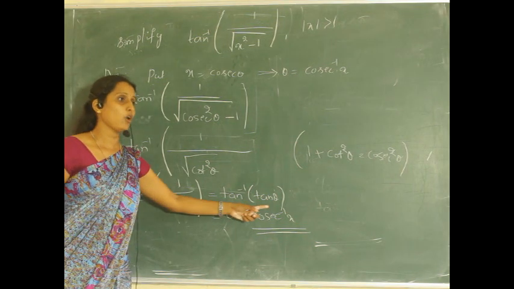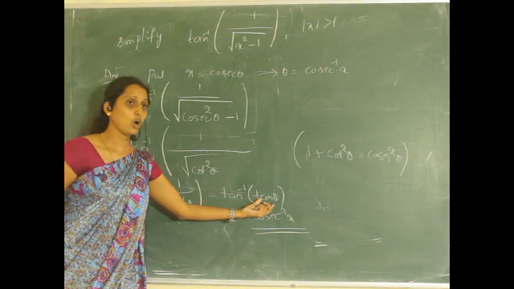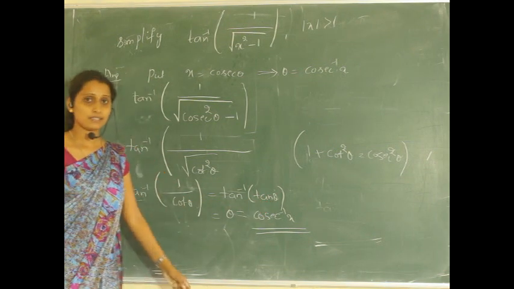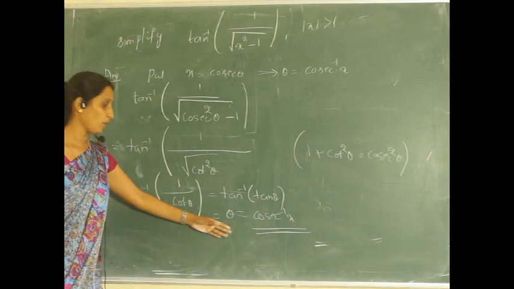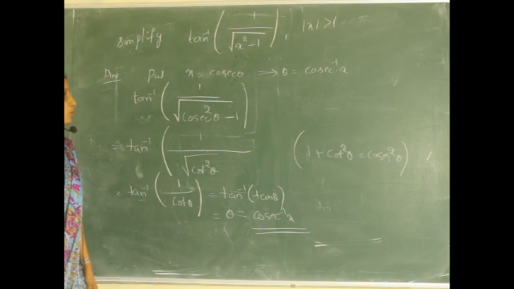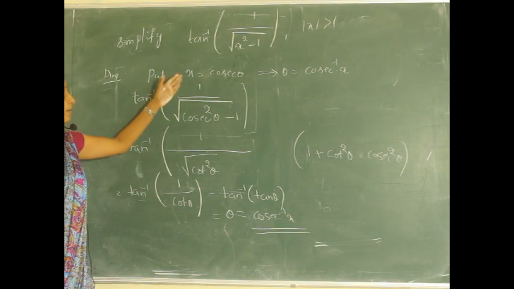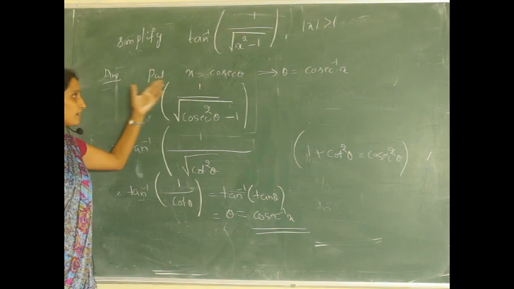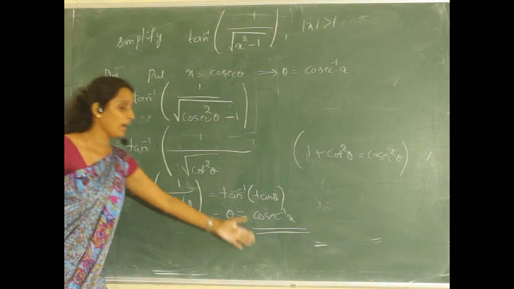So tan inverse of cot theta. Then you can write cot in terms of tan by taking tan of pi by 2 minus theta. Try to do that. So this is one more way of simplifying by taking x is equal to secant theta. That is one homework. Take x is equal to secant theta in this problem and simplify.